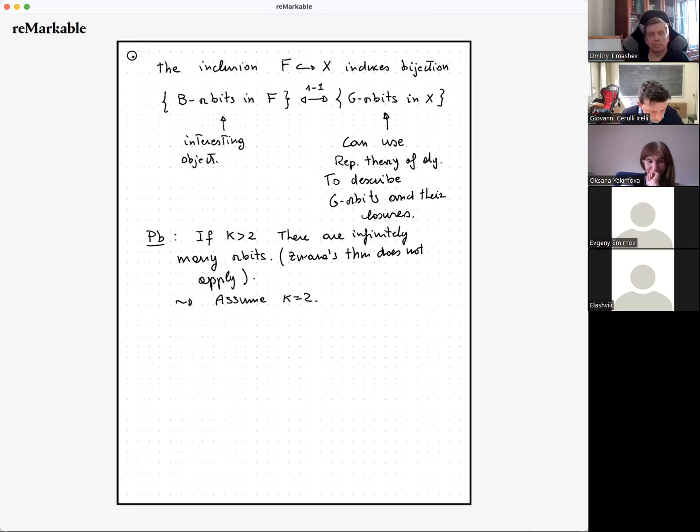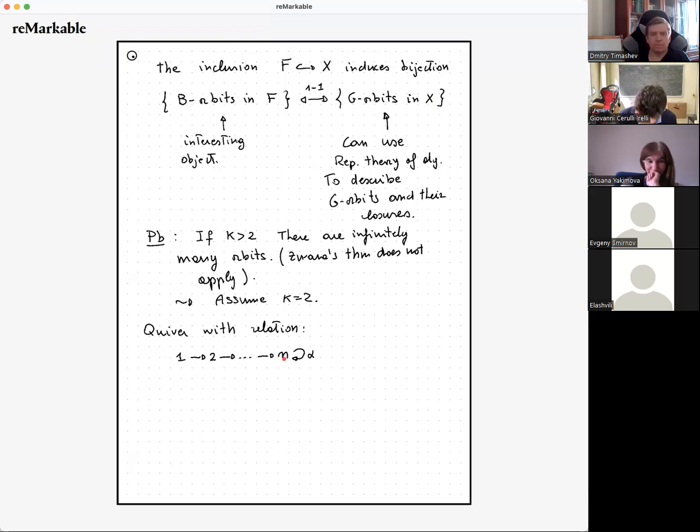Okay, so then we are left with the following quiver with relation: one, two. Recall that we want to realize this X inside the representation variety.